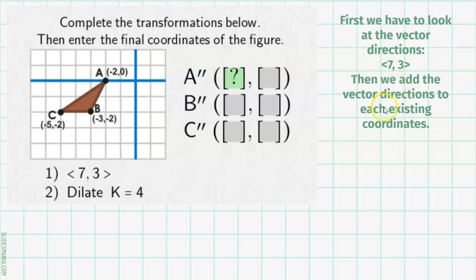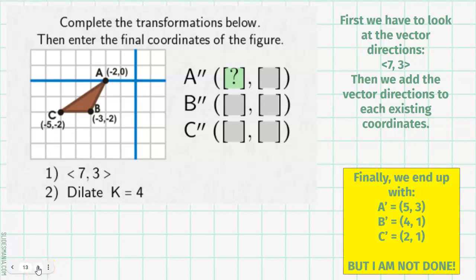And then we add the vector directions to all the existing coordinates. So we would have to add 7 to -2 and 3 to 0. Add 7 to -3 and 3 to -2. Same with point C. Add 7 to -5 and add 3 to -2.